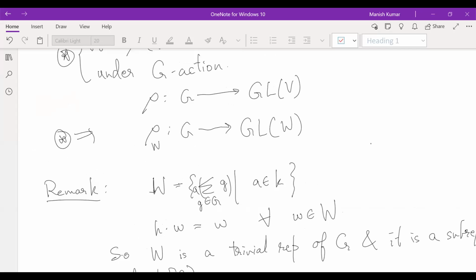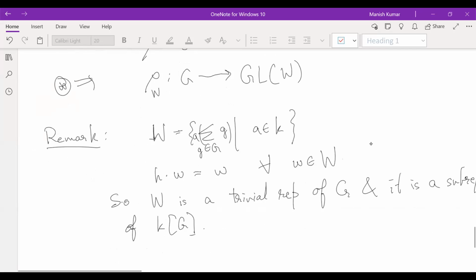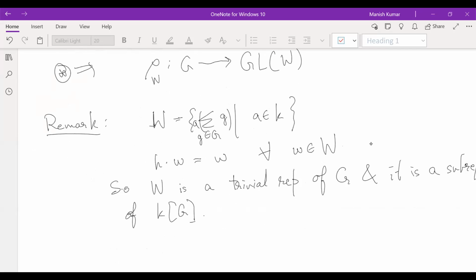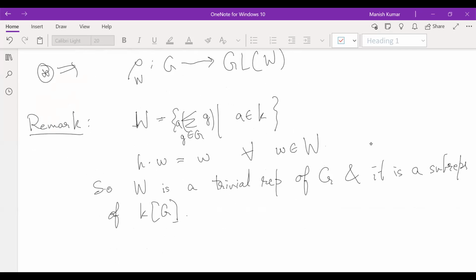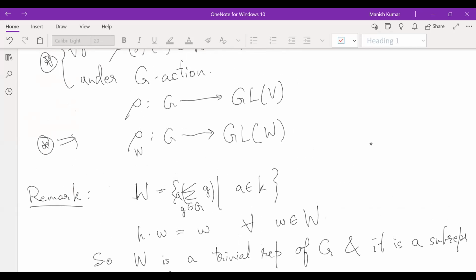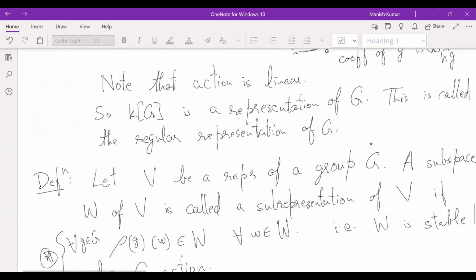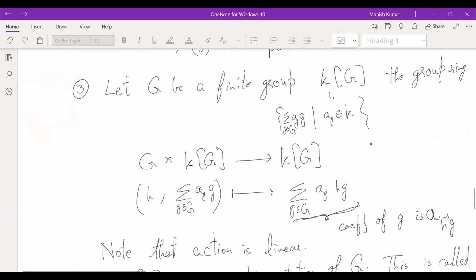Sir, in this trivial subrepresentation, this can also hold for any symmetric polynomial in all elements of G, right? What do you mean by symmetric polynomial? The description of KG is just this. No, I was thinking like summation GI, GJ, but that is the same as summation GI.